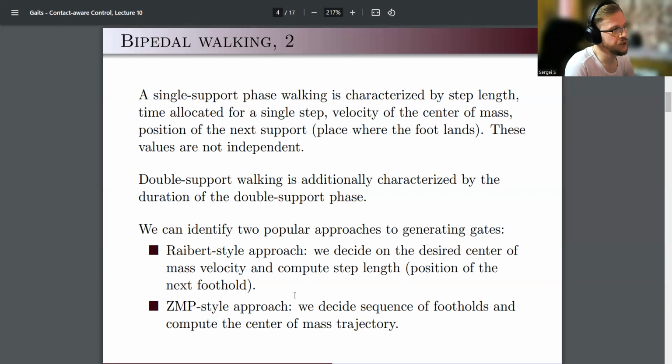One of the first successful bipeds, maybe the first successful biped, you can say. Very famous robot. And the characteristic of the MP style approach is that the robot is not going to fall down if you use it. It's going to be very slow, energy inefficient, but on its own, it's not going to fall down. It's very stable.